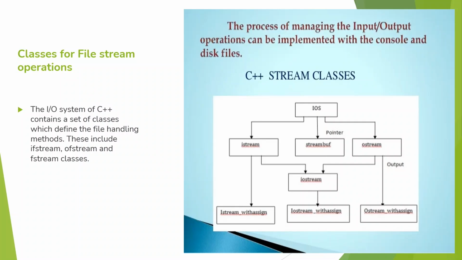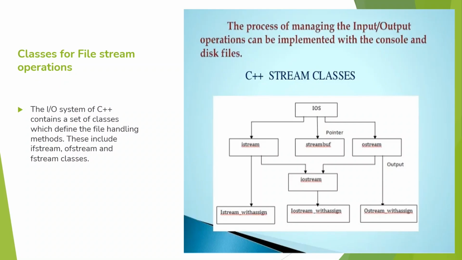The IO system of C++ contains a set of classes for file handling: the ifstream, ofstream and fstream classes. This is a simple diagram to explain the C++ stream classes. It is a hierarchical, tree structure.